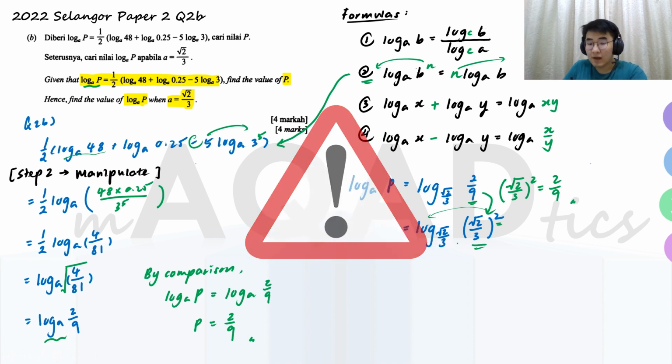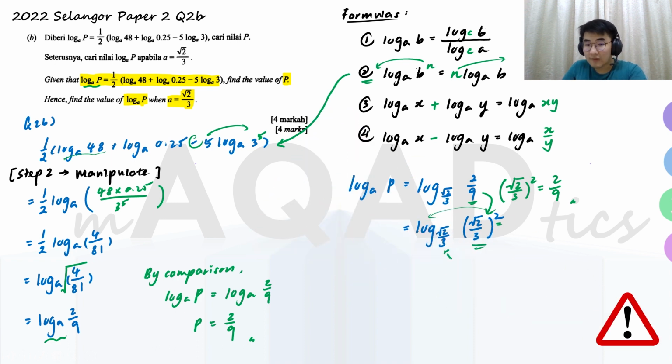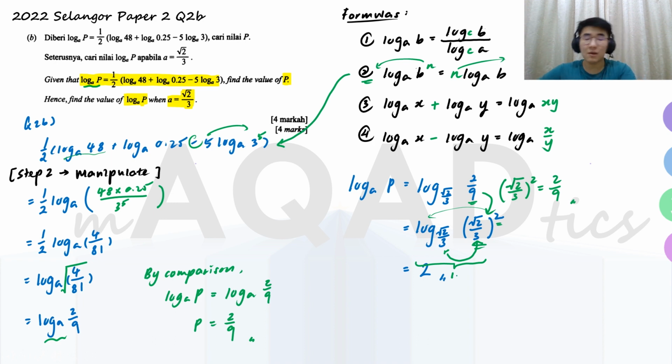And for the log, if the base and the value is the same, it will become 1. So here I have only 2 values, 2 and 1, so if I multiply them, it will be our answer, which is 2. And with that, we have completed today's question.